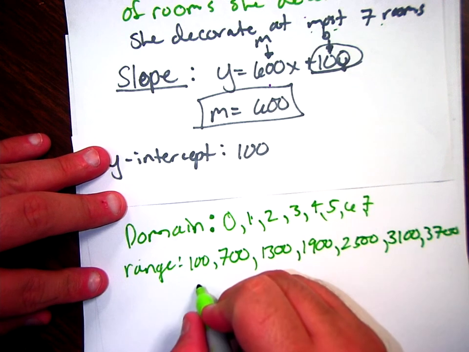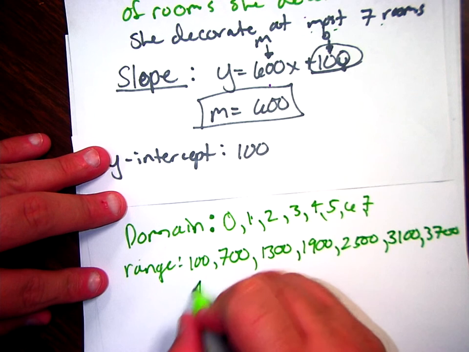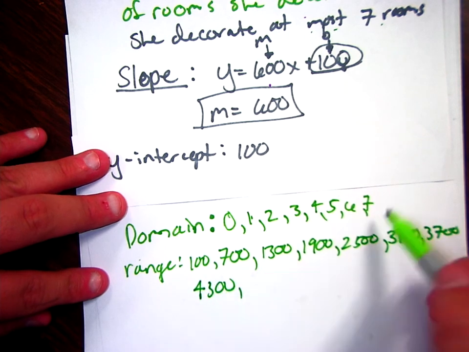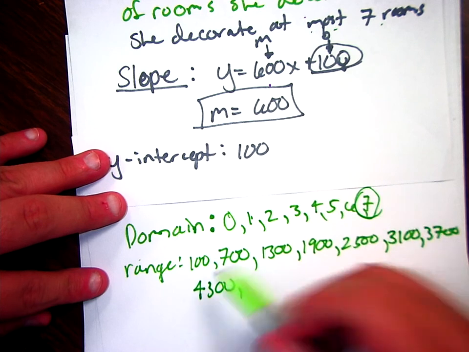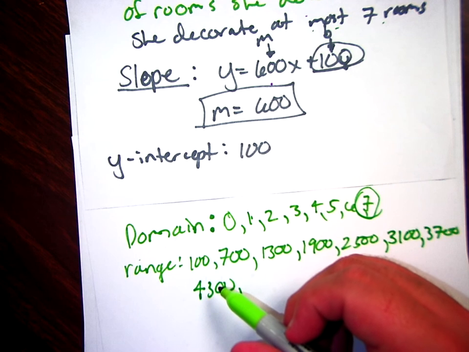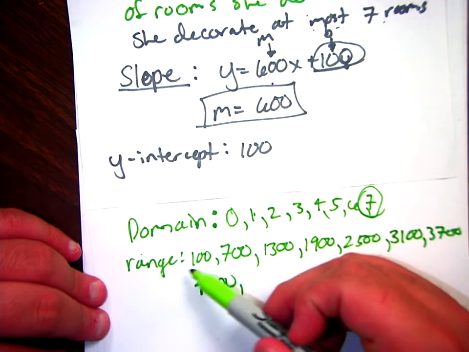And 7 would be $4,300. She decorates a maximum of 7 rooms, so that's the maximum amount of money she's ever going to earn on a single project. All right? So there is your domain and range.